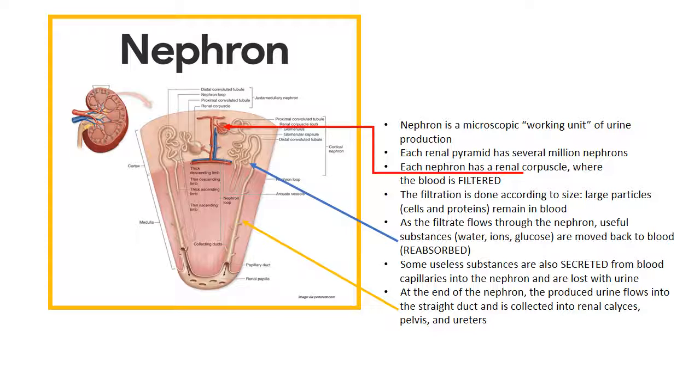The blue arrow points to these convoluted tubules in the nephron, and it's the part of the nephron where the useful substances like water, ions, glucose, also vitamins, also single amino acids, are moved back to blood. Right?